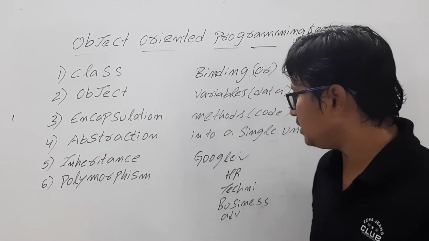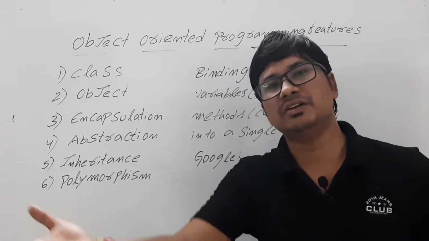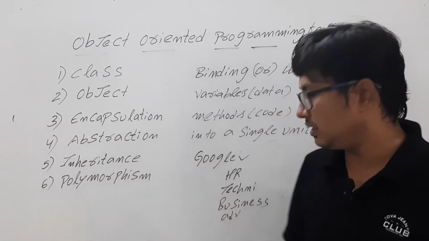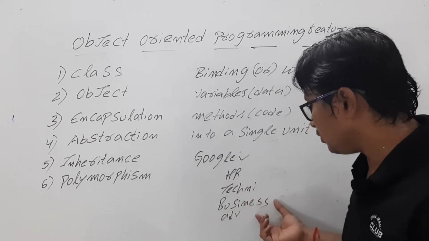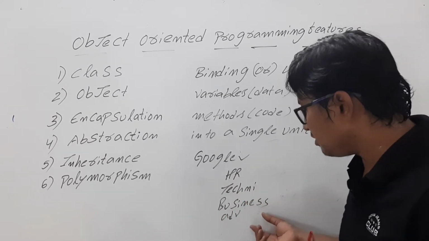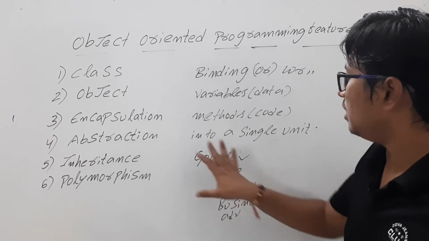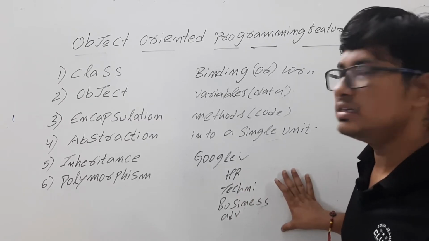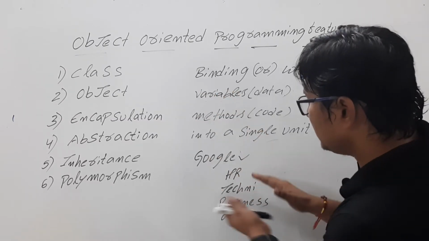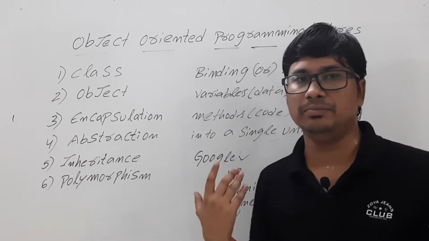You look at it only as Google, one company which is located in Bangalore or Hyderabad somewhere. But even in Hyderabad, someone will lead the HR team, someone will lead the technical team, someone will lead the business and advertisement team. So this is the Google company for you, but you don't know all these things. Is it clear? So you are binding all these things into one single entity called the Google company.